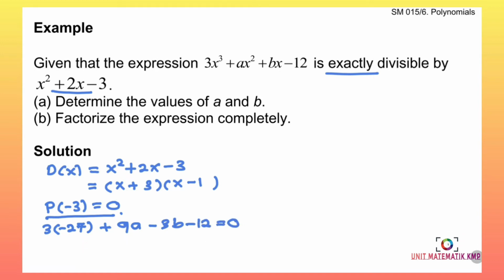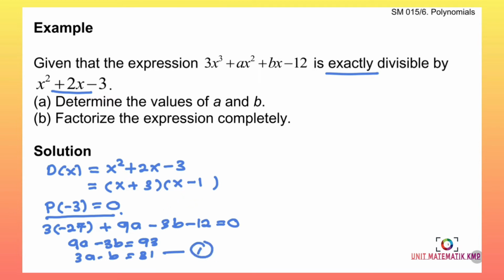Simplifying, we have 9a minus 3b is equal to 93. If we divide by 3, we have 3a minus b equal to 31. This is our first equation.